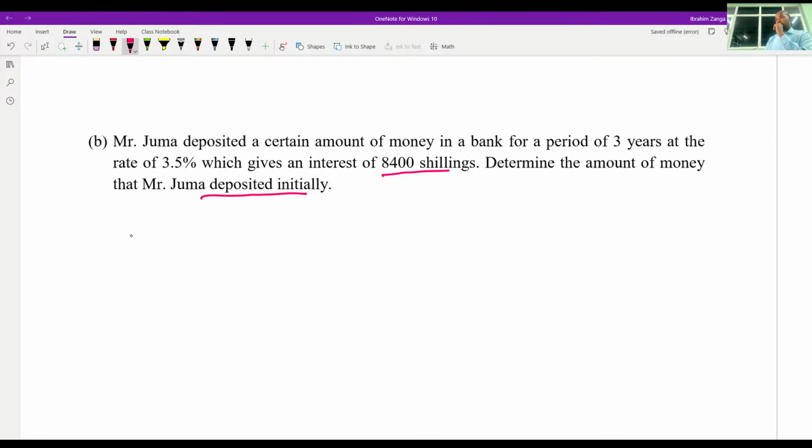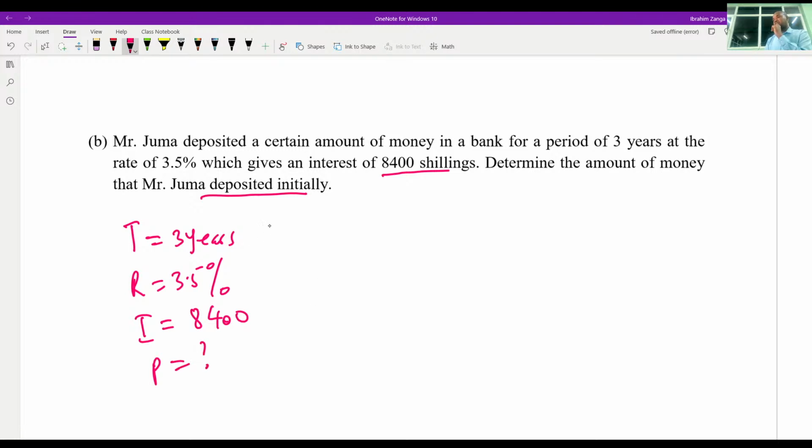We were given the number of years, which is 3 years, and the rate is 3.5%, and the interest amount is 8,400. So we have to get the principal, then later on you're going to get the amount, of course.